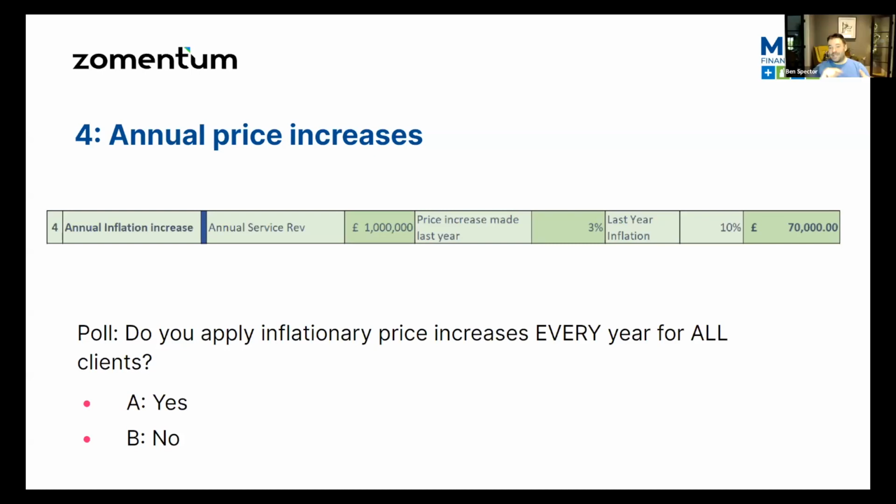But then there's also an interesting point: what happens if inflation goes negative? Very hypothetical, of course, but if inflation was running at minus 10%, and I've got my clause, inflation plus 5%, well, minus 10% plus 5%, am I going to drop my prices by 5% each year?